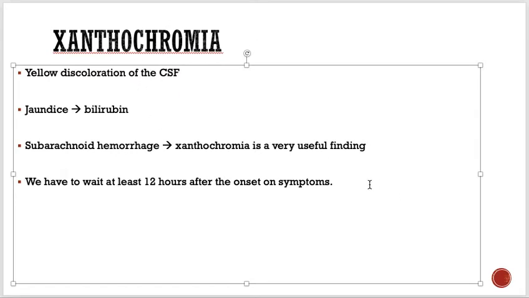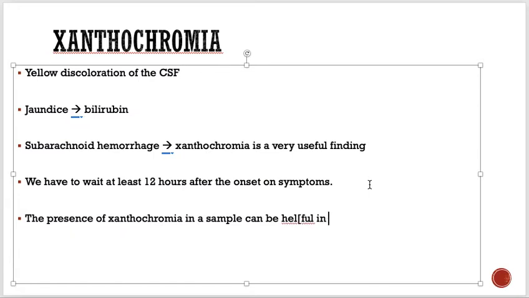One thing I already told you is that the presence of xanthochromia in a sample can be helpful in distinguishing blood-stained CSF from a traumatic tap. When xanthochromia is present, of course it is subarachnoid hemorrhage.